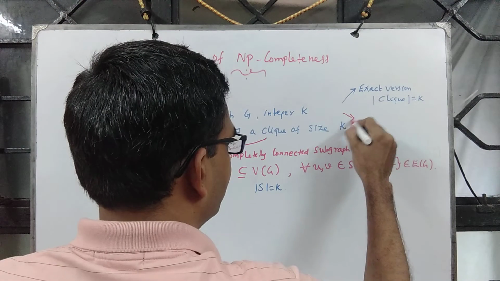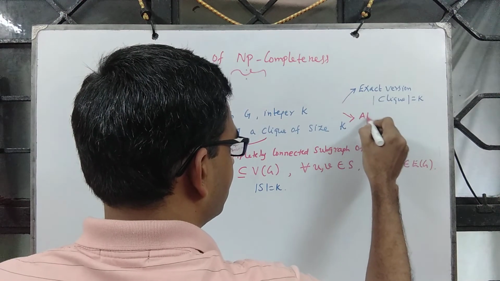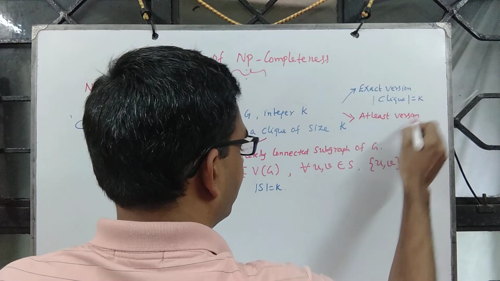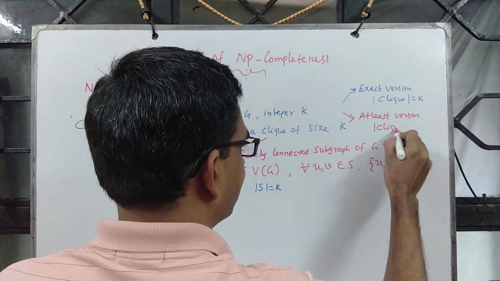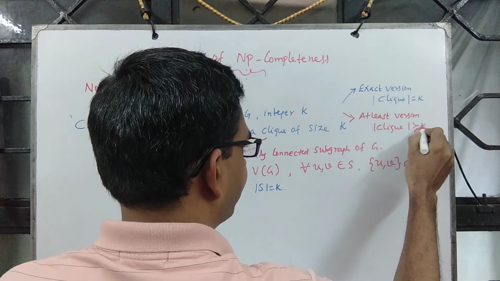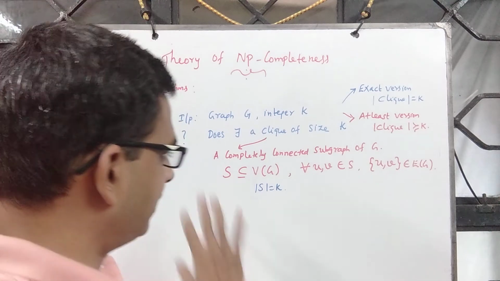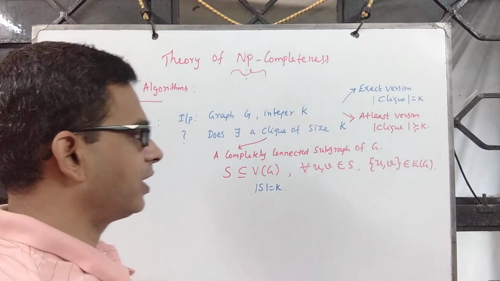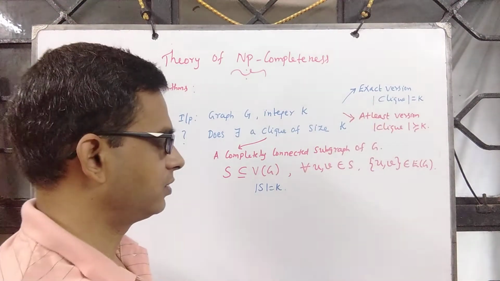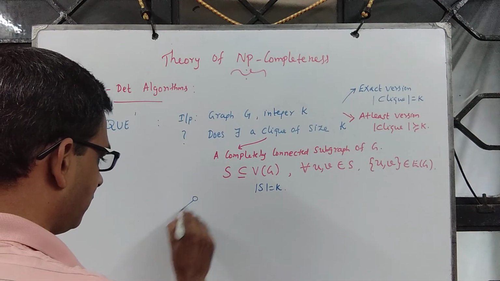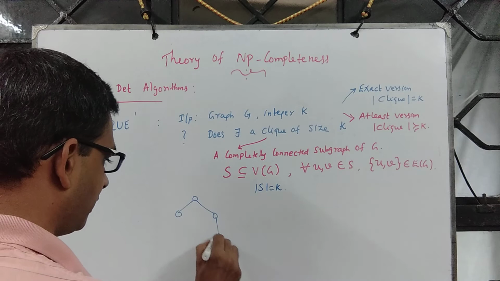And the other one is the at least version, where you ask for a clique of size at least K. Whatever discussion we will be having is applicable for both. Now let's look at an example so that you have clarity on this definition.